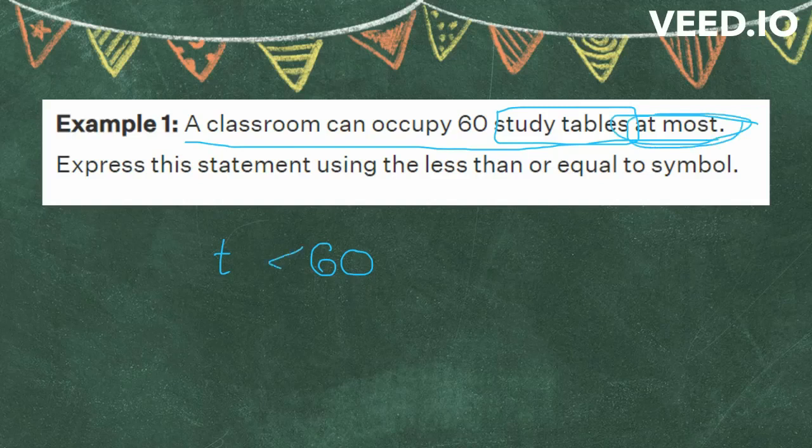So the number of study tables t can be anything less than 60, not more than 60. But can it be equal to 60? Just think about it. Yes, it can be because it is the maximum. So t is lesser than or equal to 60 is the final inequality statement.